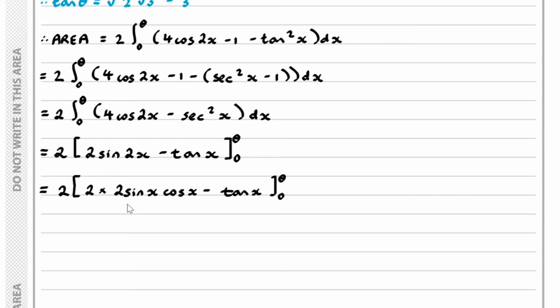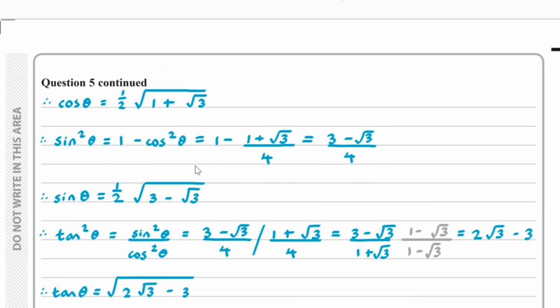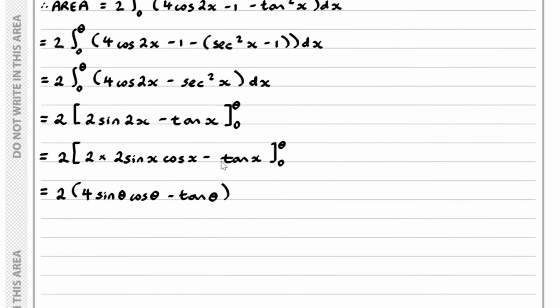So if I bring the theta in, and recognizing that sine of 0 and tan of 0 are 0, what we are left with is 2 multiplied by 4 sine theta cos theta minus tan theta. And knowing that sine theta, cos theta and tan theta are what we worked out before, we can substitute all those values in.